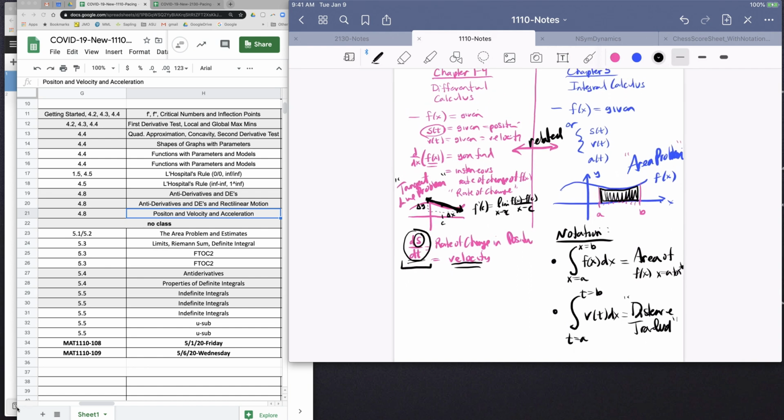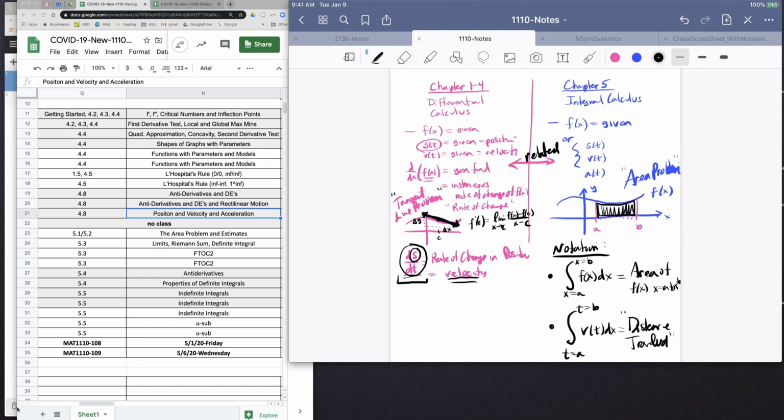Just like in differential calculus, we'll learn about the area problem. We'll learn how to compute these integrals, and then we will talk about their interpretation in terms of distance and velocity and acceleration. And in general, just integrating the average rate of change or the instantaneous rate of change.